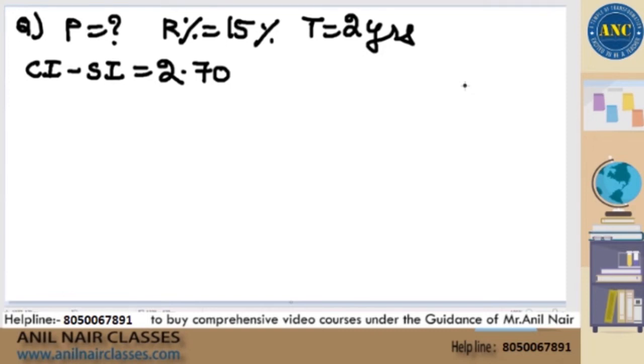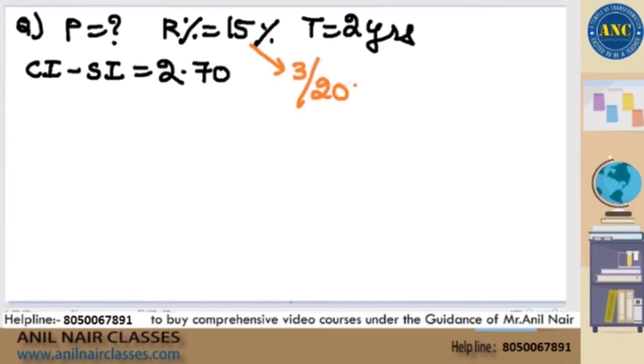Again, this wonderful concept we will discuss for 2 years, 3 years, any number of years. That is my next question. In this one, I discuss a different rate of interest. Now what you do is same approach.